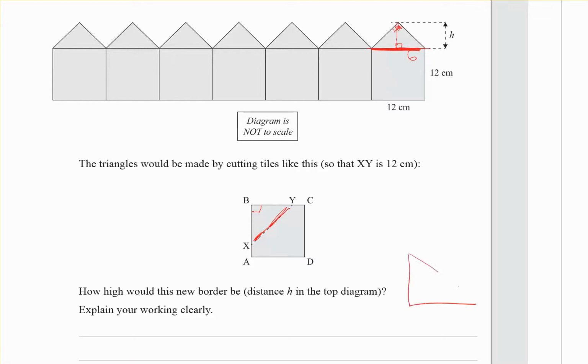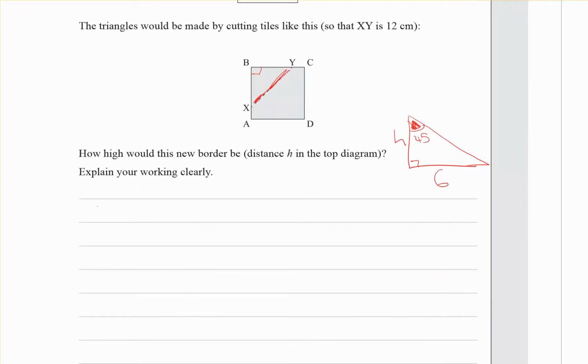So pulling out that triangle, this time I've got 6 centimetres here, 45 degrees at the top, and once again we want to find h, the height. So this time I've got the opposite side and the adjacent, so tan for those of us that use triangles, opposite, adjacent, one nice line of working.